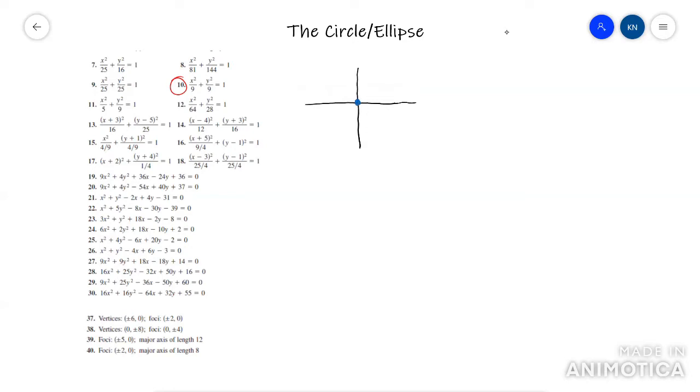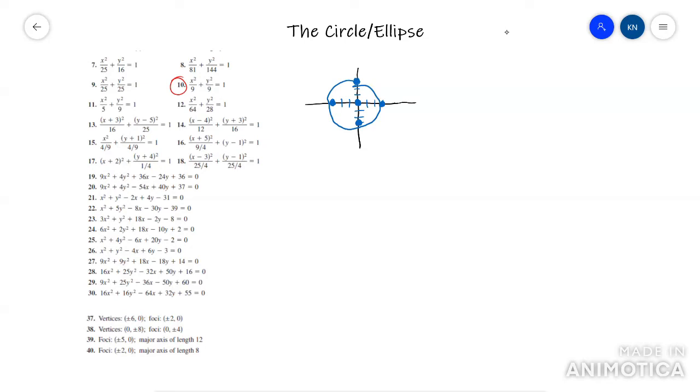The amount I move in the x direction, left and right, is the square root of that, so 3. So I move 1, 2, 3 to the right, 1, 2, 3 to the left. And the amount up and down is the square root of the number under the y, so 3. So 3 up, 3 down. Then you can draw your circle.